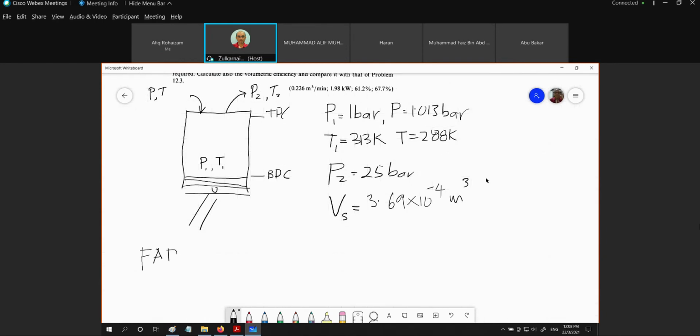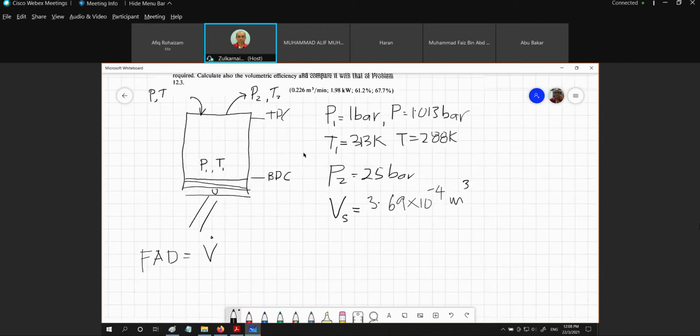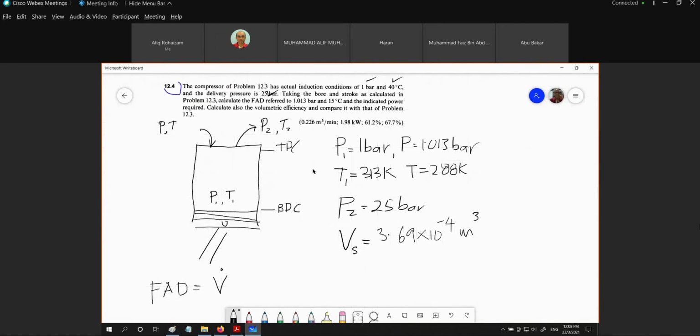FAD is equal to V dot, and this V dot must be calculated at ambient condition. This is equal to M dot RT divided by P.